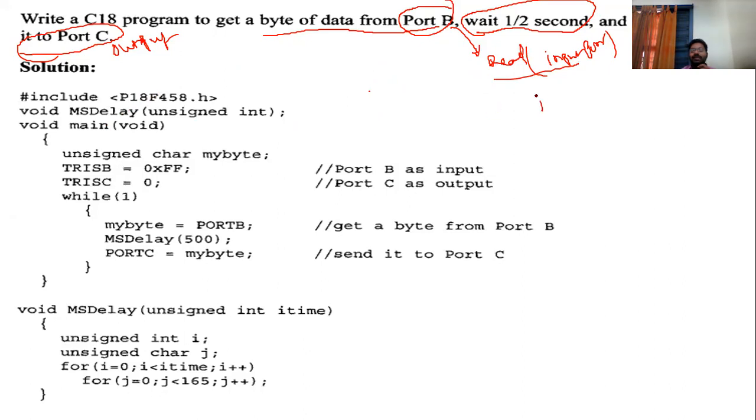That is a delay they can give. You know that whenever the delay concept comes in, you are using some timers. In the microcontroller there are some timers. In the PIC18 we have four timers.